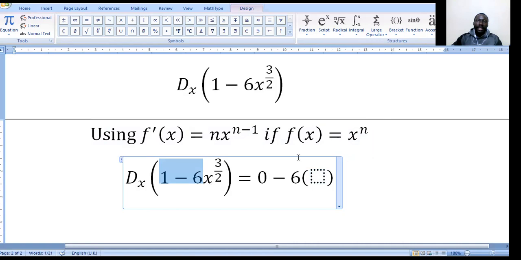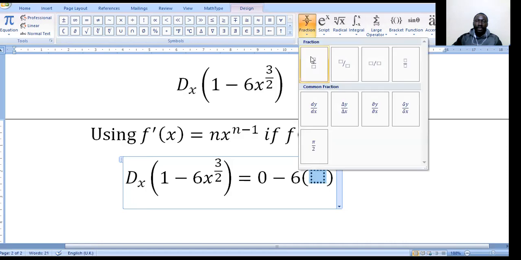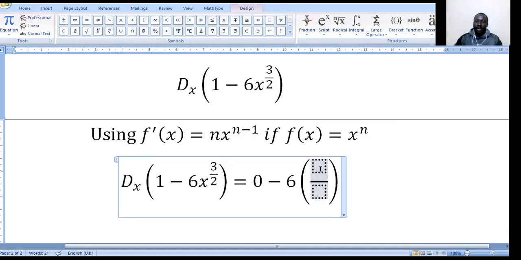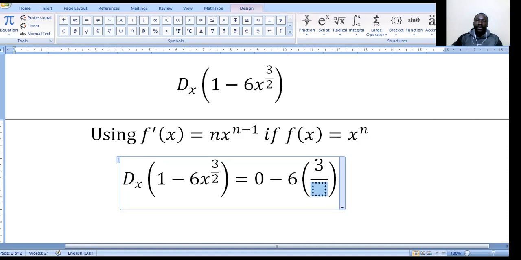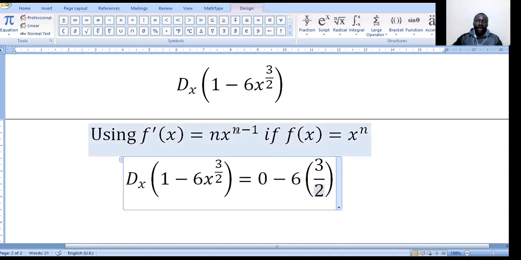So n is 3 over 2 and x is here. That means the n that we have as the power must now appear as the coefficient. So it's 3 over 2, and that is what we are going to be having here. We'll be having 3 over 2 as the coefficient right away. Then again, we have to take away 1 from n.